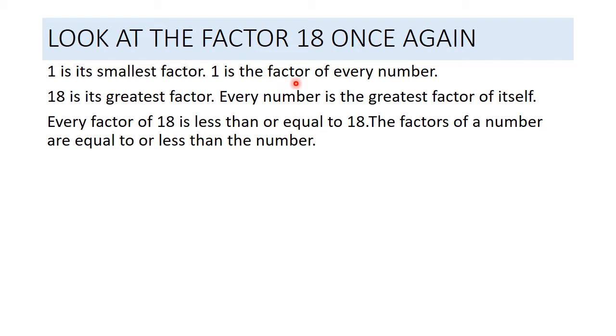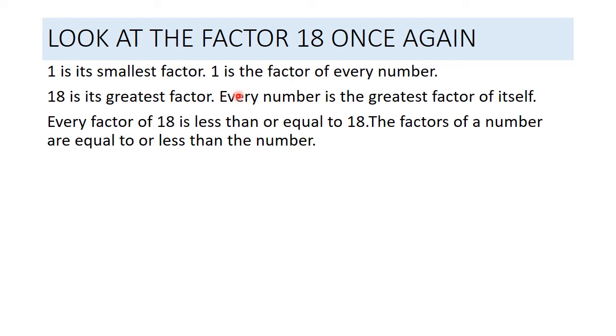If I take the example 12, we can write 1 multiplied by 12, so 1 will be the smallest factor of 12 as well. So 1 is the factor of every number, and it is the smallest factor of each and every number. And for 18, its smallest factor would be 1 only.